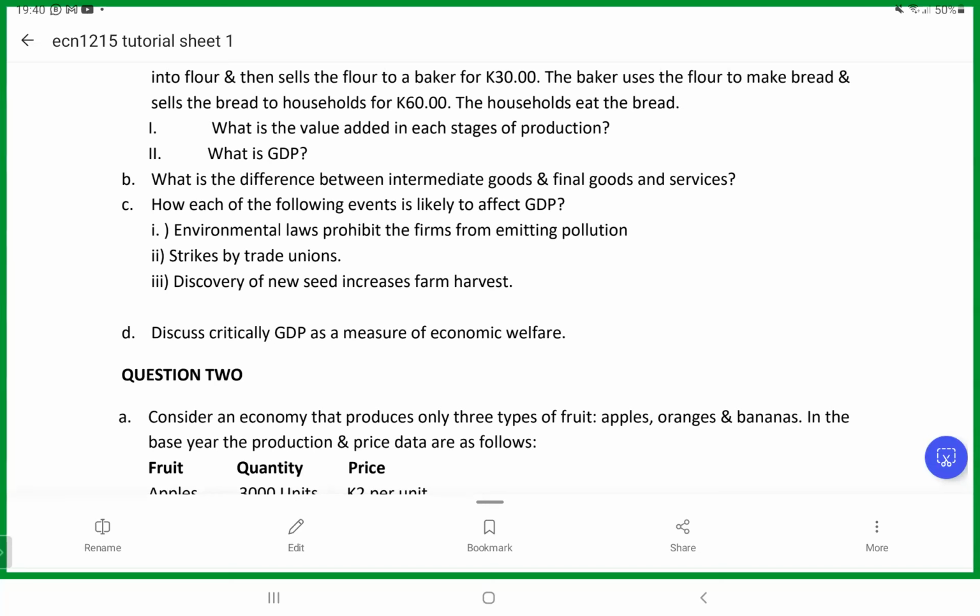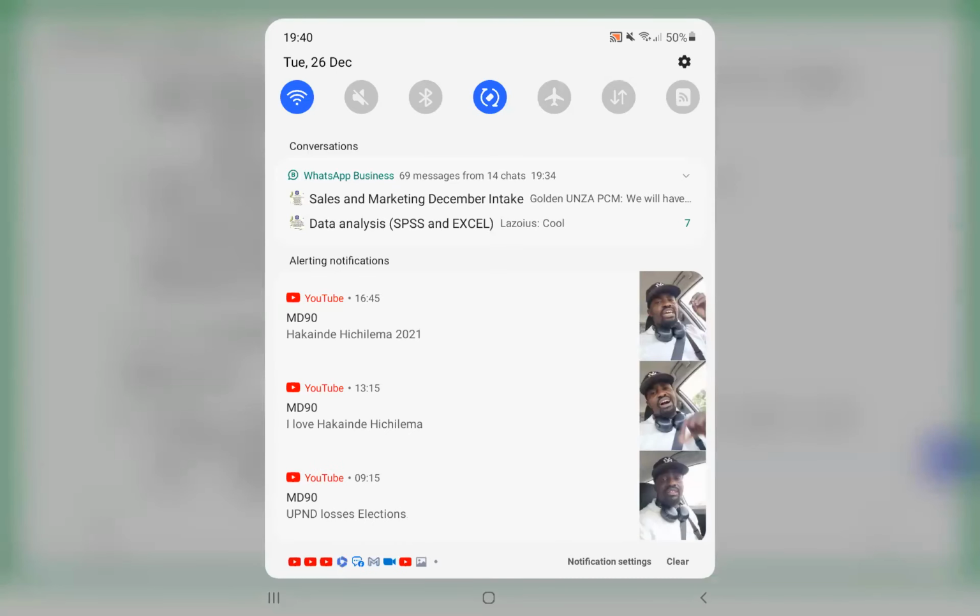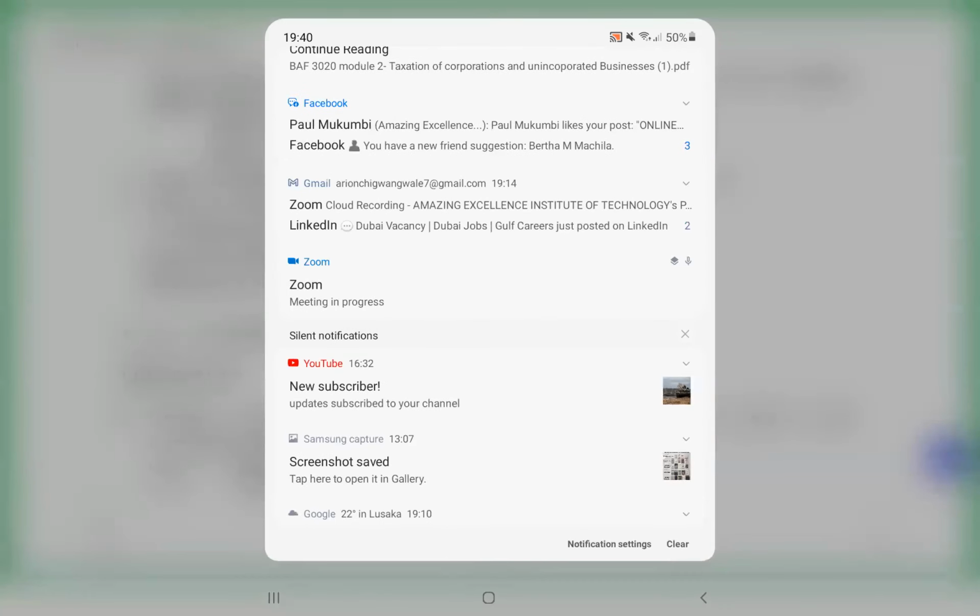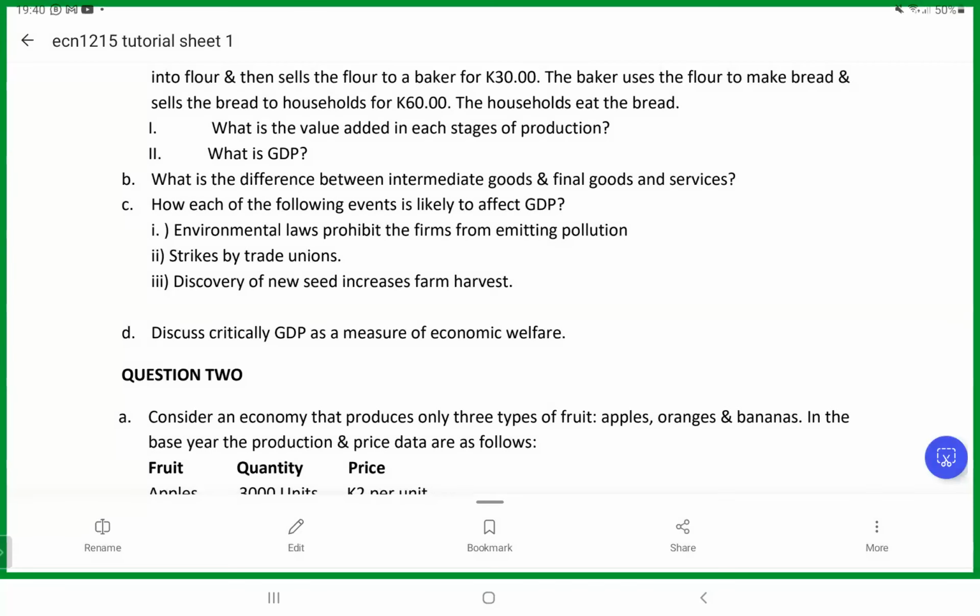The strikes by trade unions? Sir, trade unions are these organizations that monitor the trade between countries. The trade unions are more like NGOs. No, they are organizations that represent the workers in their fields. For example, you have the Zambia National Union of Teachers, ZNUT.